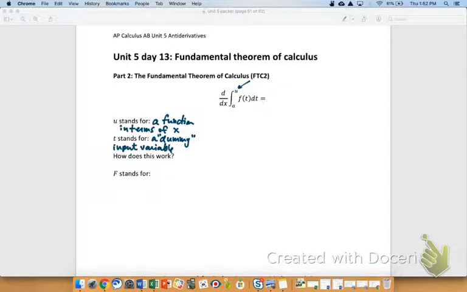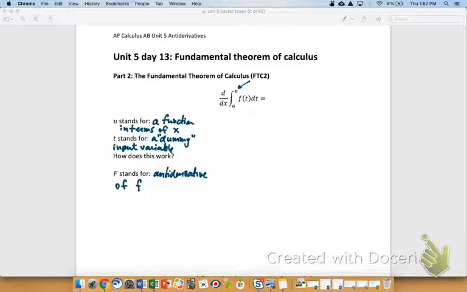We don't often talk about this. The capital letter F, your book does this, and this is customary. Capital F stands for the antiderivative of lowercase f. So capital F very frequently notes the antiderivative of f.